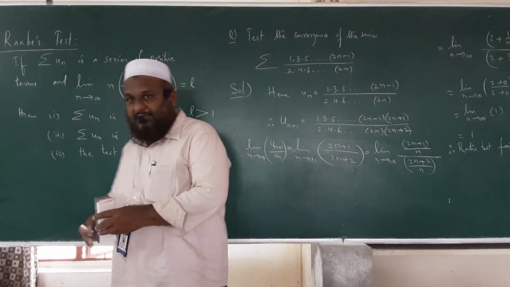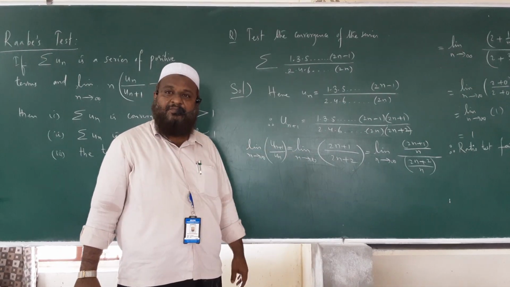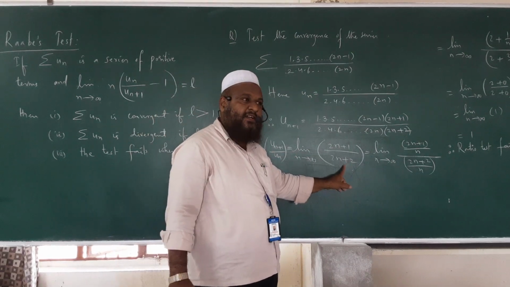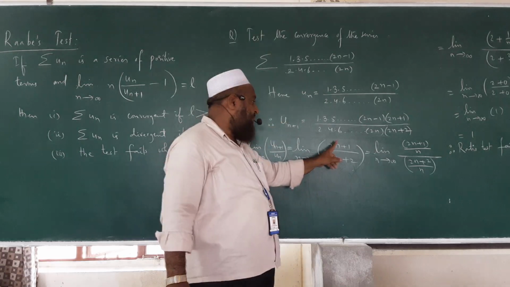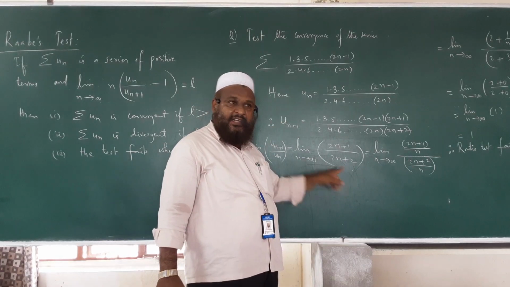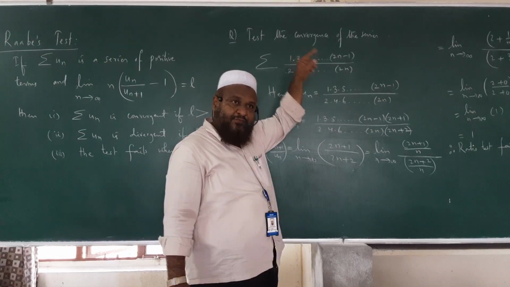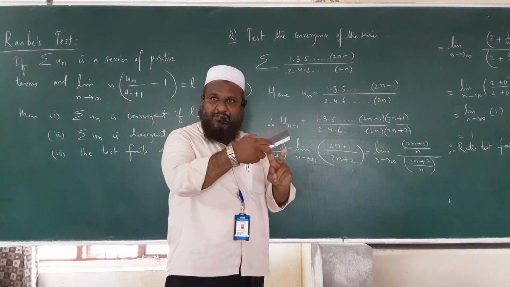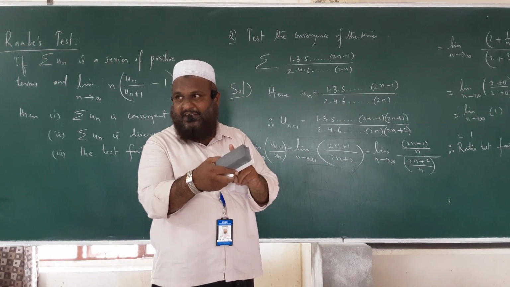Shanmukh, listening? So what is un plus 1 by un? Just 2n plus 1 by? You reverse it, it will become 2n plus 2 by? Is it involving e? No. Ratio test failed and it is not involving e.